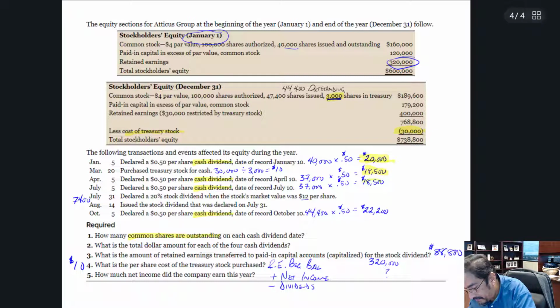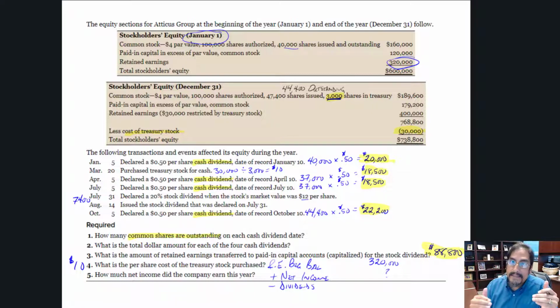And here's the benefit. I'm still not going to admit that I like what the textbook is doing in this chapter. But here's the benefit. We didn't write out the journal entries, but we've seen them enough to know that for the 4 cash dividends and the 1 stock dividend, the journal entry in this chapter, not the right way of doing it, but in this chapter, is a debit to retained earnings for 20, or 18.5, or 18.5, or 22,200, or for the stock dividend 88,800.